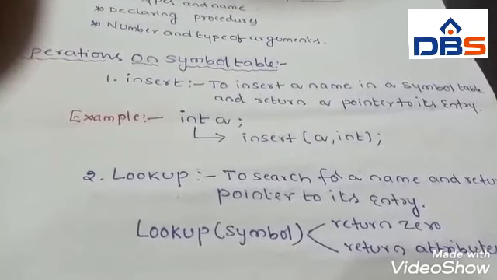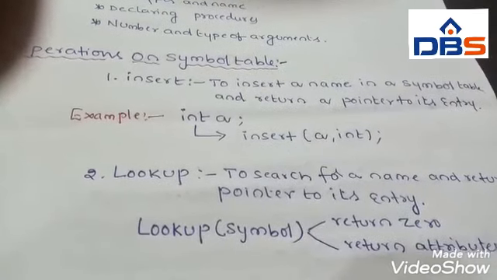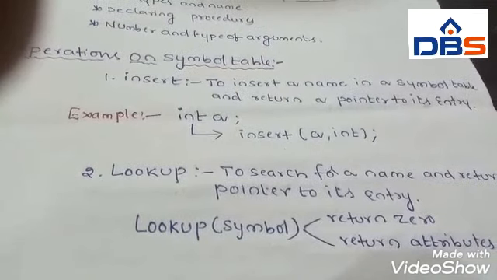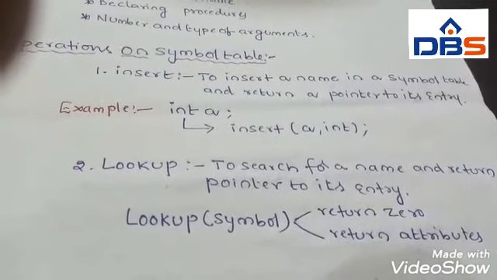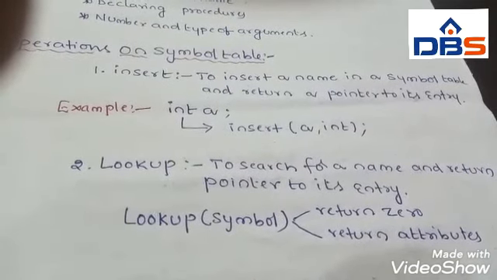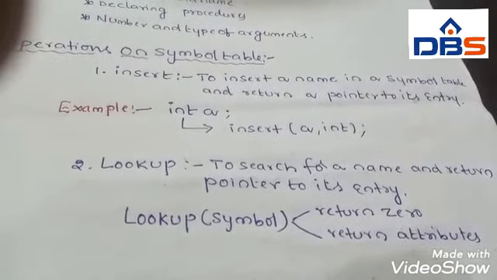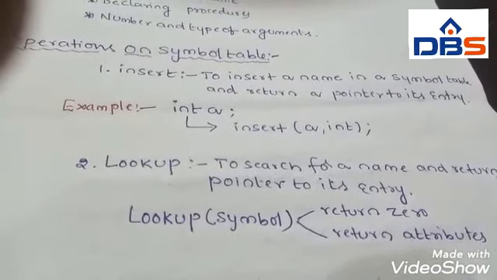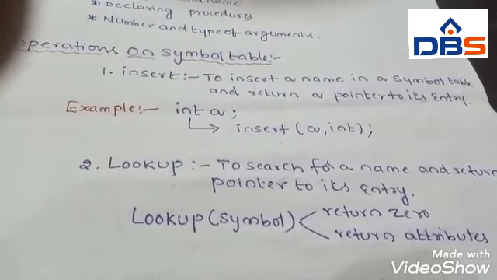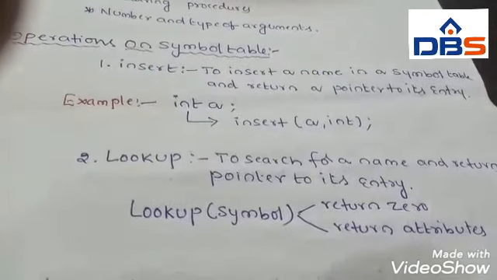An attribute for a symbol in the source code is the information associated with the symbol. This information contains the value, state, scope and type of the symbol. The insert function takes the symbol and its attributes as arguments and stores the information in the symbol table.